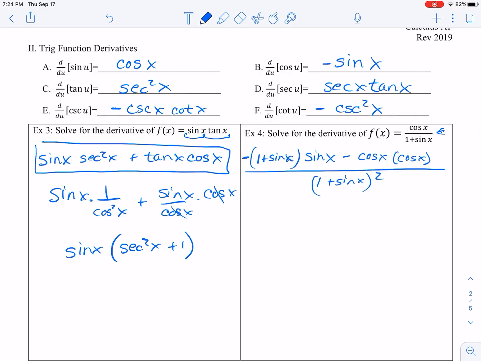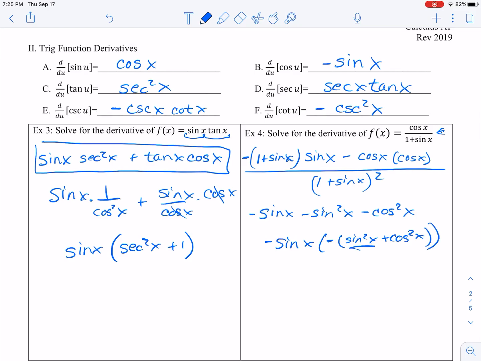Okay? If you want, you can distribute. You get negative sine x minus sine squared x minus cosine squared x. If you factor a negative 1 out of there, you'd have negative times the sine squared x plus cosine squared x.